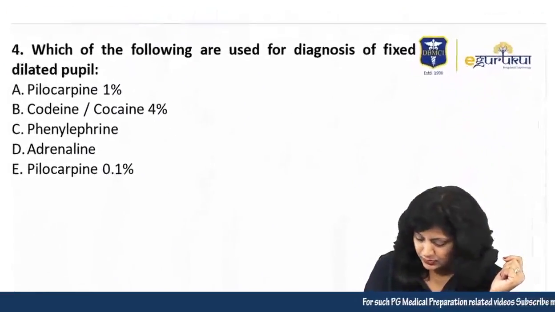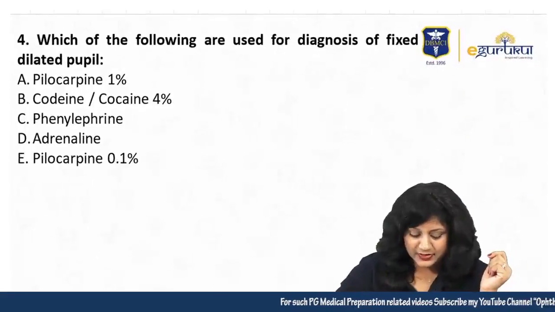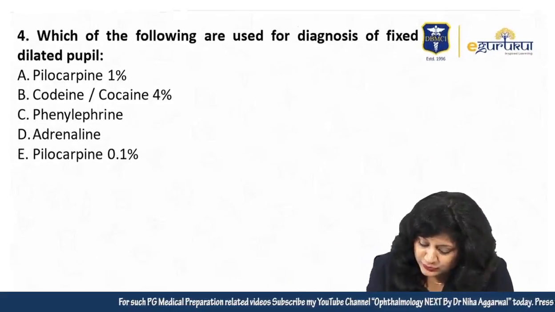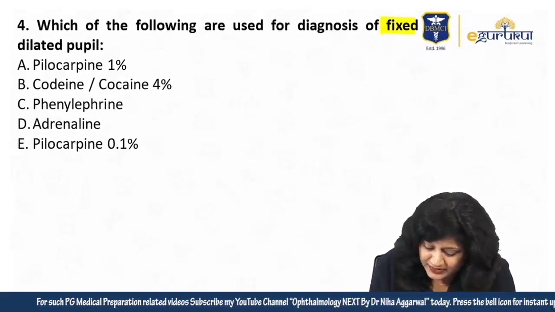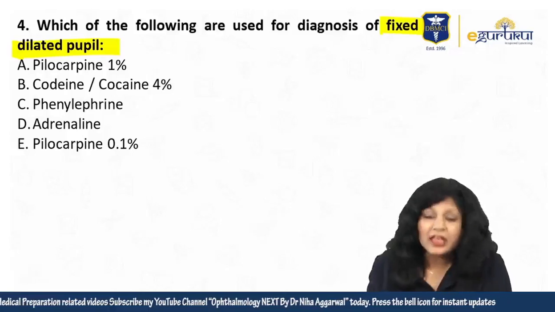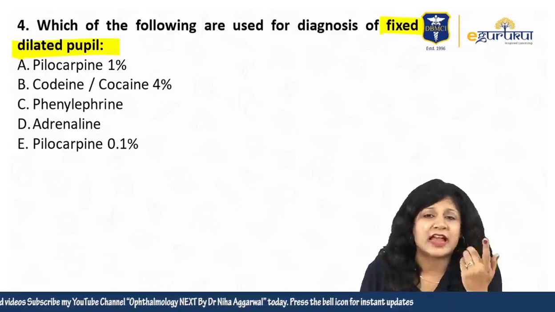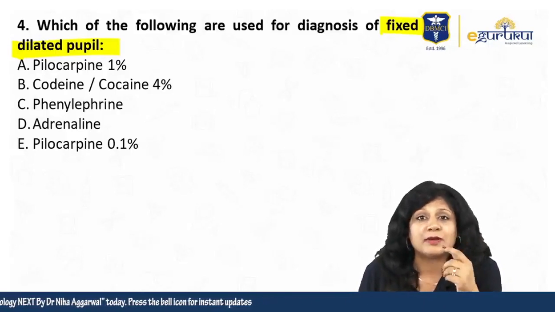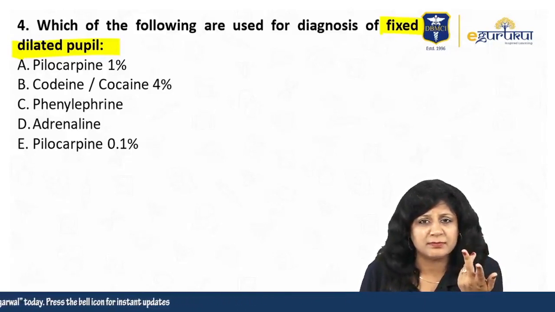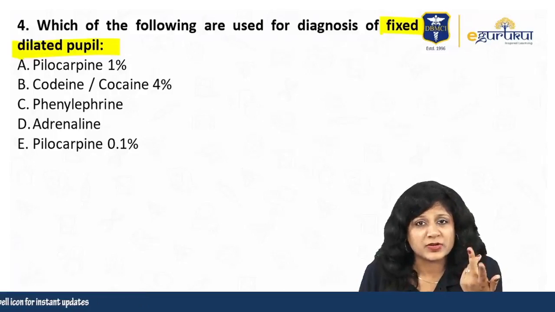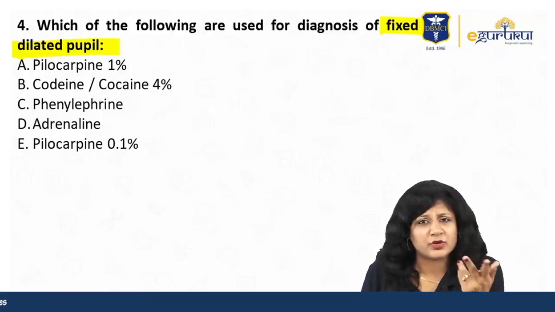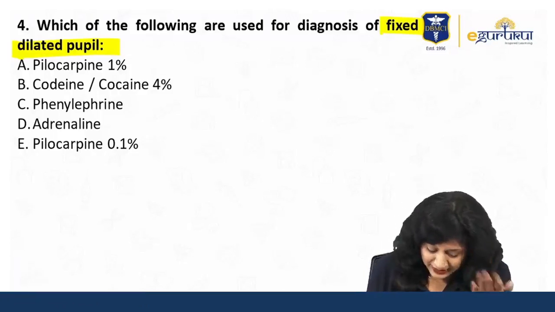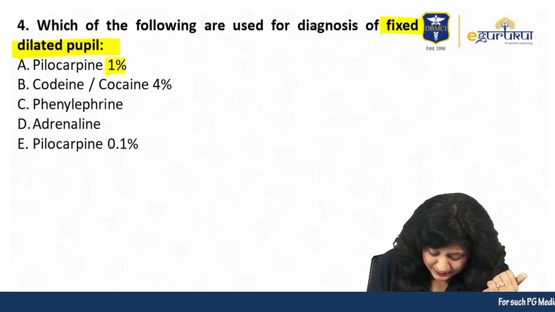Okay. Now the next question: which of the following are used for the diagnosis of fixed dilated pupil? This is a very simple question that we discussed in the flowchart of anisocoria. The only problem is that there was some issue with the options: two options were the same, with pilocarpine, and they were not showing the concentration, but as common sense we have taken the two concentrations, 1% and 0.1%.